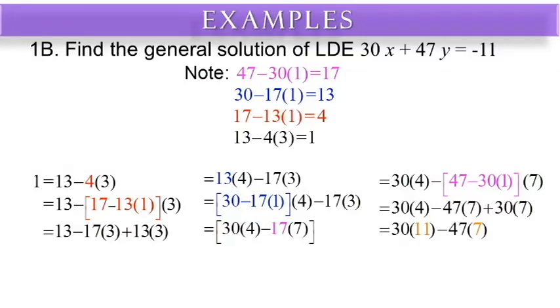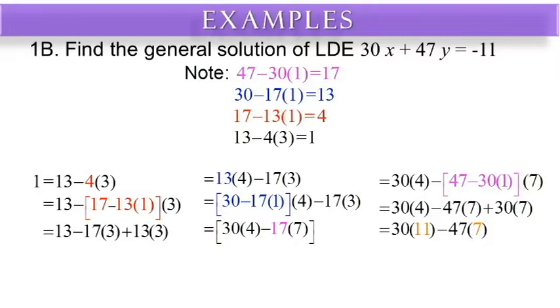And then we'll have 30 times 4 minus the quantity 47 minus 30 times 1 times 7. And then we'll have 30 times 4 minus 47 times 7 plus 30 times 7, which is equal to 30 times 11.